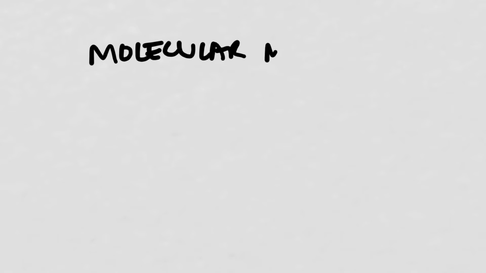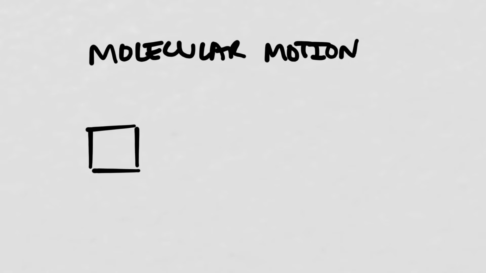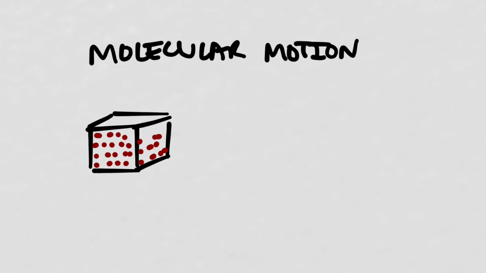So molecular motion. Imagine we have a brick of steel right here. And a brick of steel is actually composed of a bunch of little atoms of iron all in a nice and ordered sequence.